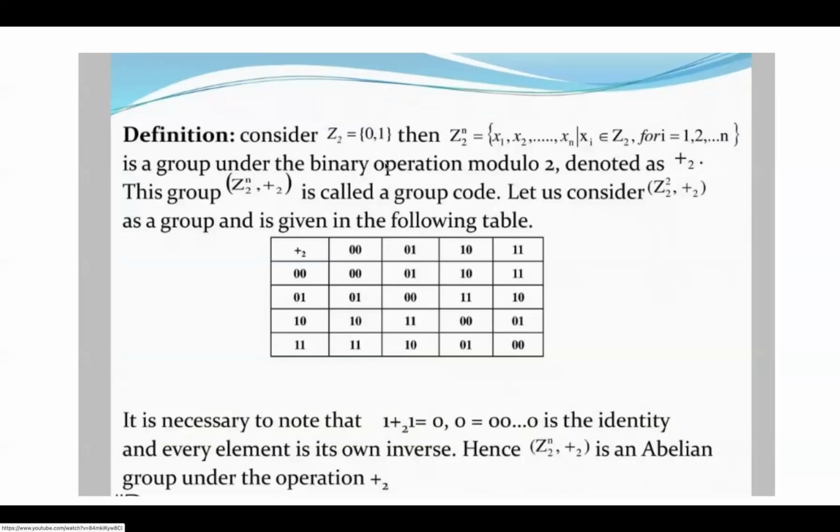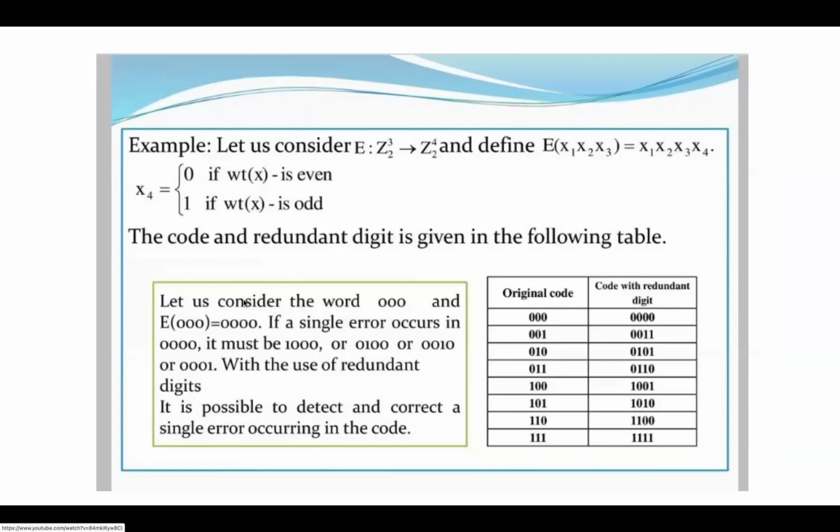Here, for a sequence of 2 we have taken Z square. What this example is telling is that we have to transform Z cube to Z raised to 4. For example, here we have seen Z square, but suppose I have Z cube, then I have to transform this Z cube to Z raised to 4.